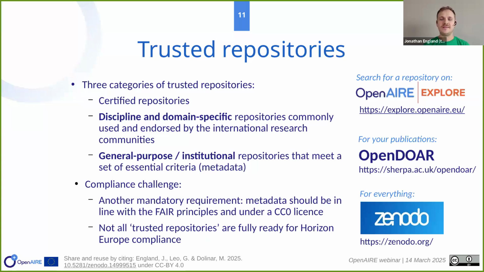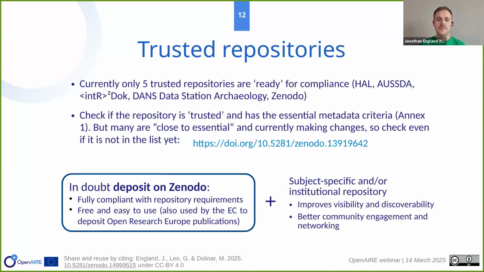So there's another mandate. I won't go into too much detail because it can become a bit more technical. But currently, there are only 5 really compliant trusted repositories, which is HAL, if you're in France, AUSSDA, if you're in Austria. And then Zenodo is a general one, and the other 2 are subject specific.